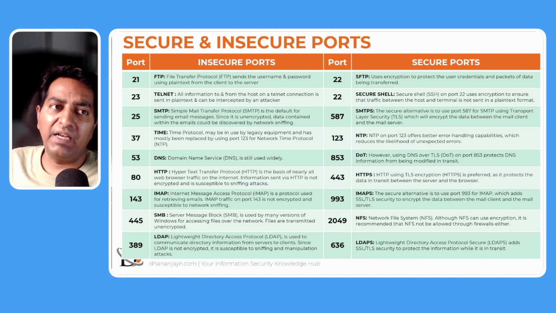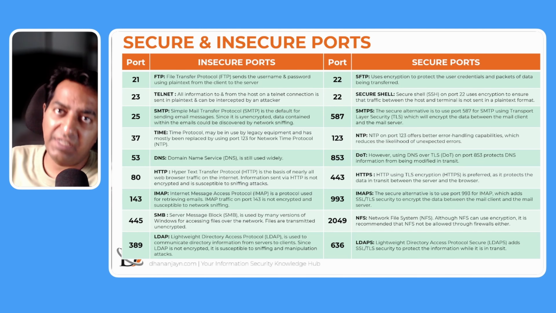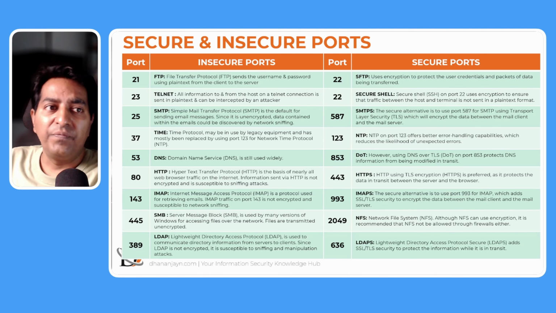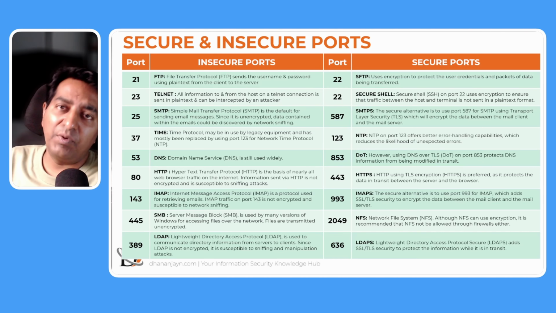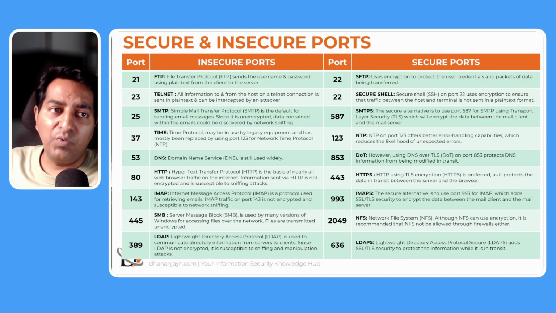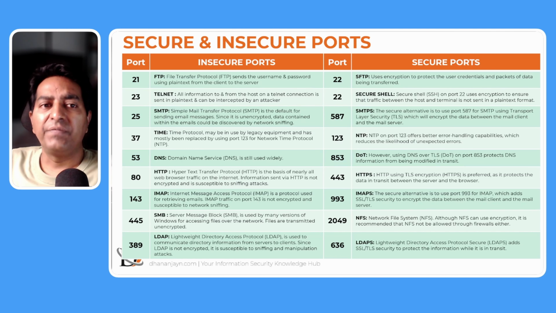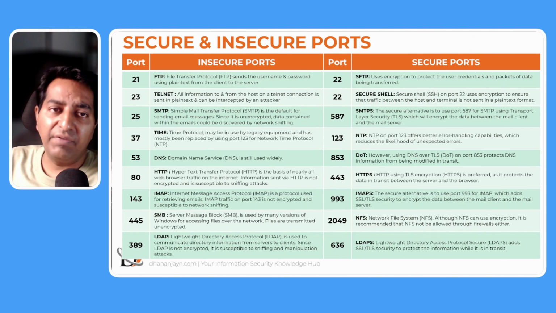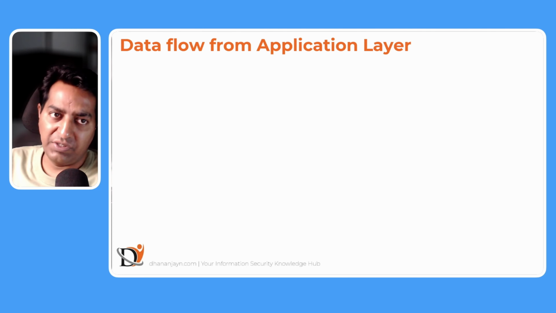Instead of using telnet on 23, you can use SSH, which is 22. Now, SMTP used to be the protocol or port used to send email. If you encrypt that protocol using SSL, it becomes SMTPS. So instead of using port 25, you can use port 587. So like this, please take a screenshot, or I would suggest you take a printout, keep it with you and try to memorize the secure and insecure ports.